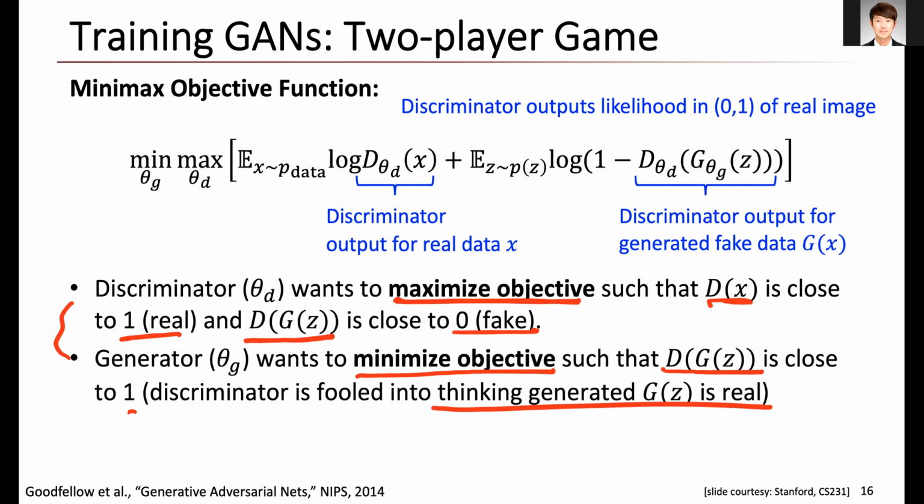So a question: if I remember correctly, the original GAN paper uses the notation expectation over p data of x, log D, and the first x is different from the second x. I didn't follow what you mean.